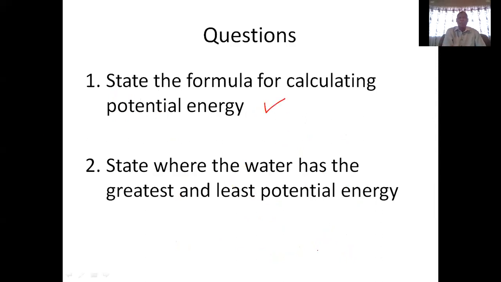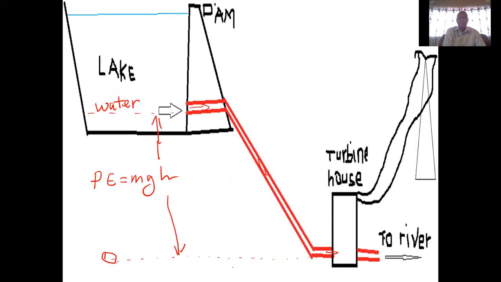The second question: state where the water has the greatest and least potential energy. From our dam here, we notice that our reference point is where the water enters the turbine. And so we are going up. It means that the greatest potential energy would be at the point where the dam has the greatest height.